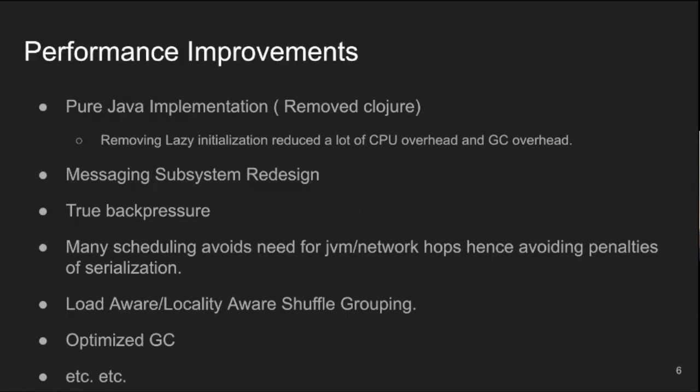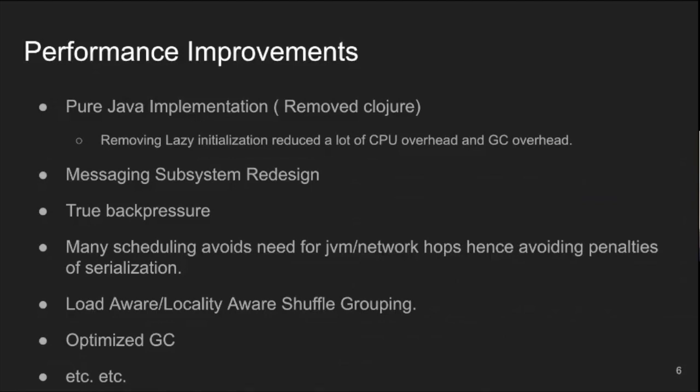Coming to the improvements that have happened. One of the things we did as the Apache Storm community is switch to a pure Java implementation and remove Clojure to bring the community closer together. There used to be something called JStorm that is merged in. With 2.x, we've finished that migration from Clojure, and now lazy initialization is reduced, and hence you see that the curve at the beginning of the launch of the topology is smoothened out.